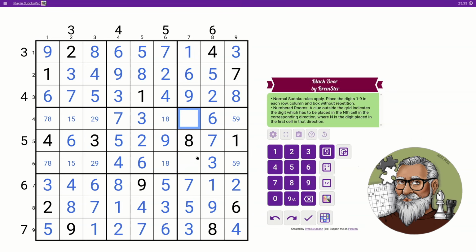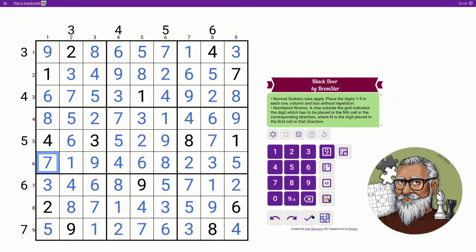Yeah, so this one has to be 4 since this one is not allowed to be a 4. This becomes a 2, and the 2 starts the domino effect. 5, 1, 8, 1, 8, 7.